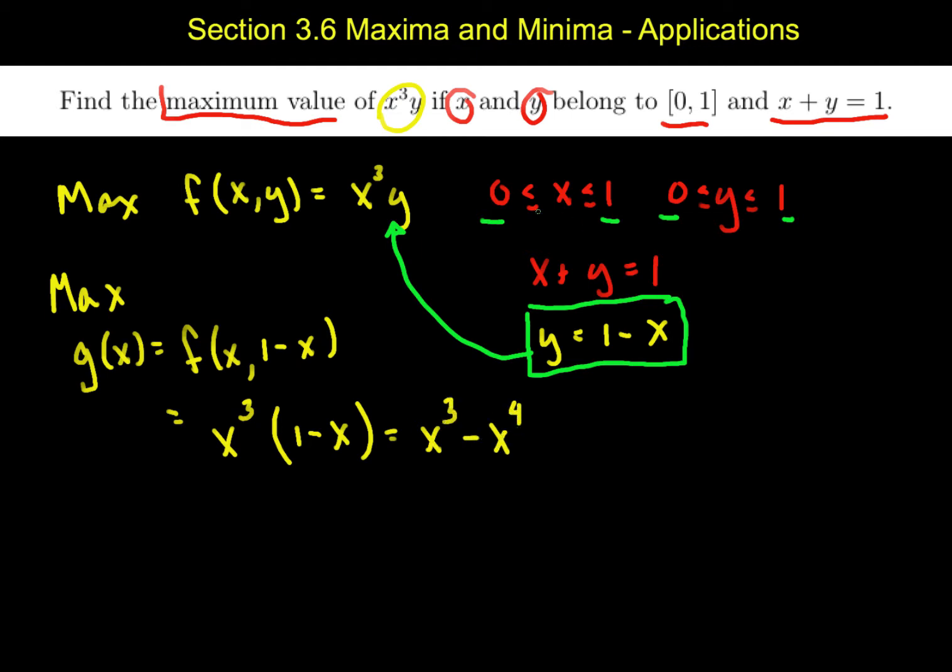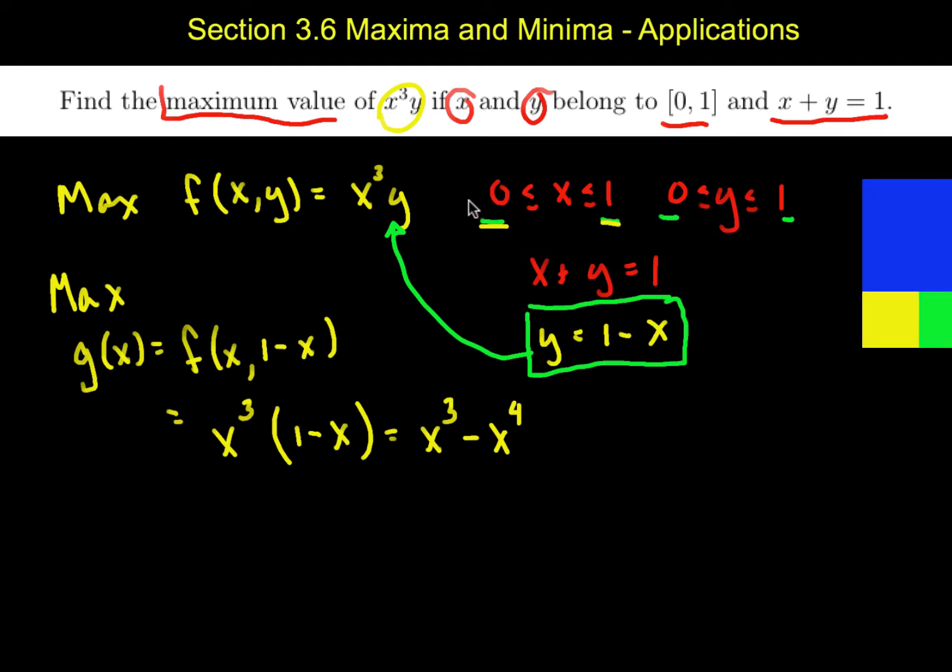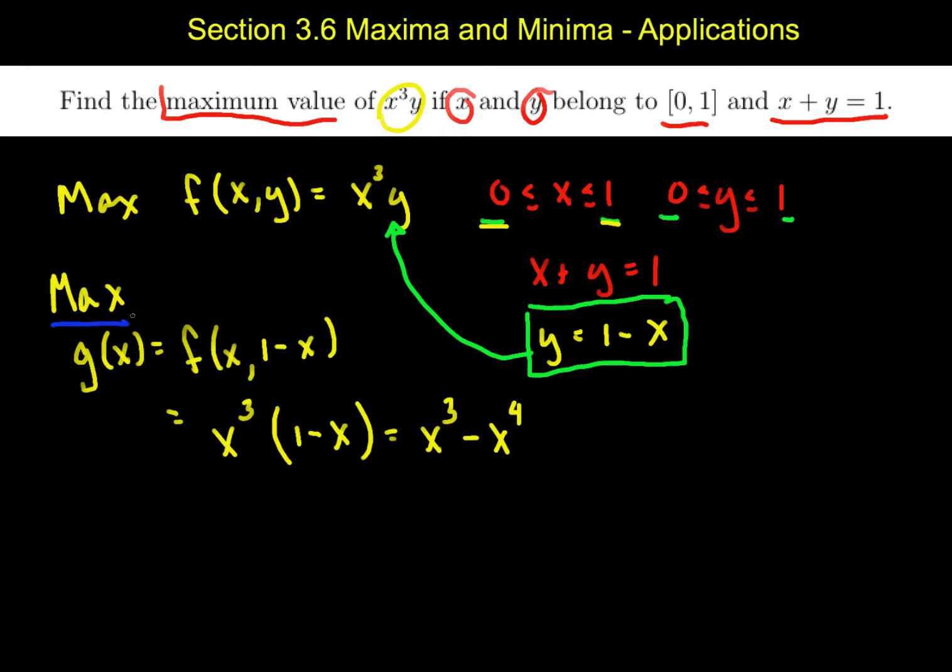And what are our boundaries? Again, x can't be any smaller than 0 or any bigger than 1. Since we're trying to find a maximum, we know we need to find critical values. So we should start listing off our critical values. We already have the endpoints, so we're going to add 0 and 1 to our set of critical values.